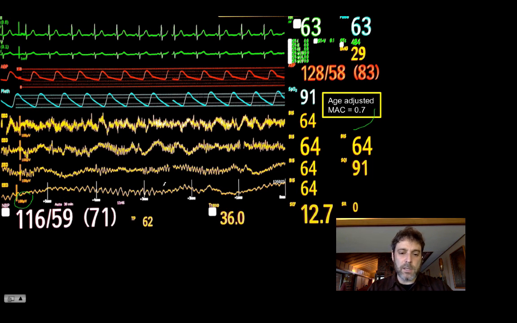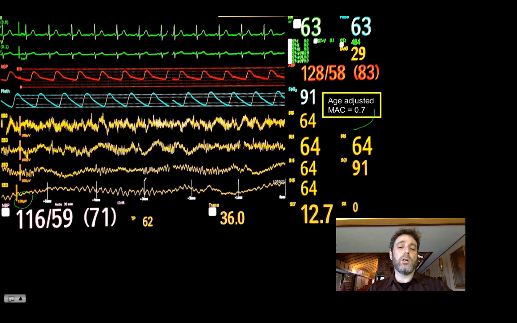So actually this is 1, 2, 3, 4, 5, 6 seconds, and then this would be 12 seconds, this would be 24 seconds, and this would be 48 seconds. The sweep speed goes down to 6.25 millimeters per second, and the sweep speed here is 50 millimeters per second. So if you look here, you can actually see the spindles, and you can count 1, 2, 3, 4, 5, 6, 7, 8, 9, 10.